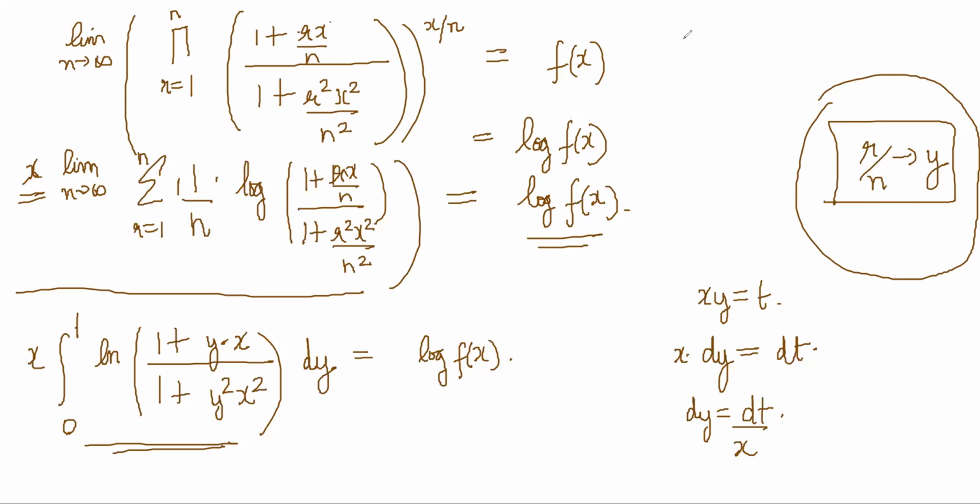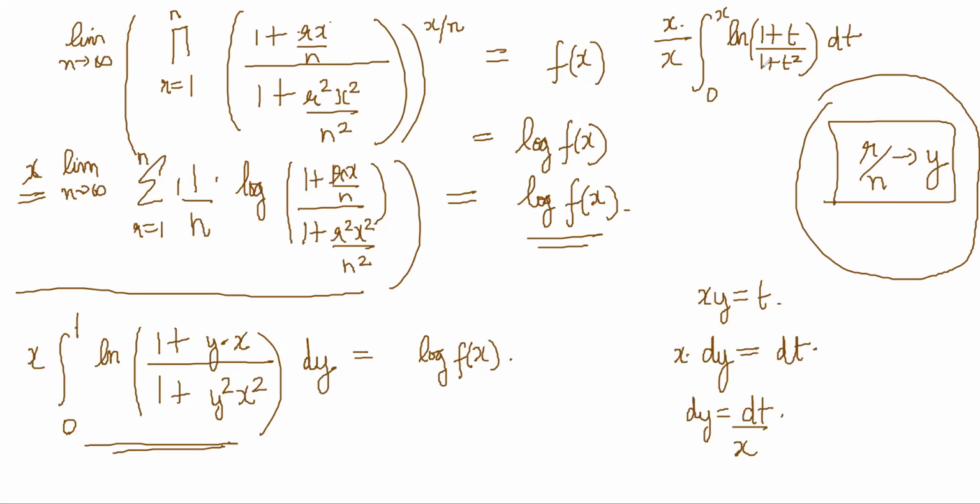So now you get x times dt by x, replacing dy. When y goes from 0 to 1, t goes from 0 to x.